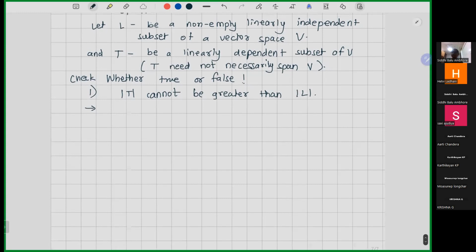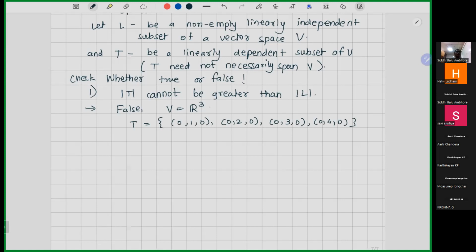So we can take V as R3, and T is linearly dependent. We can just take any; let me take (0,1,0), (0,2,0), (0,3,0), and (0,4,0). And we can just keep on increasing.